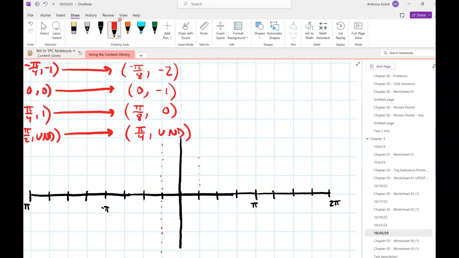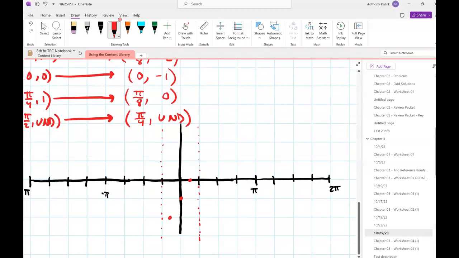Positive pi over 4 is here. So negative pi over 8, negative 2. 0, negative 1. Pi over 8, 0. So draw our graph. It'll look like that.